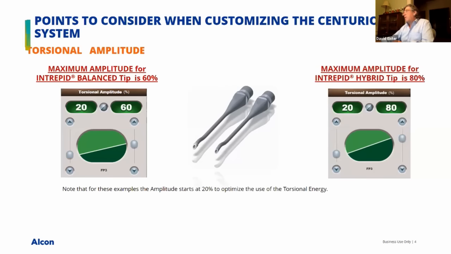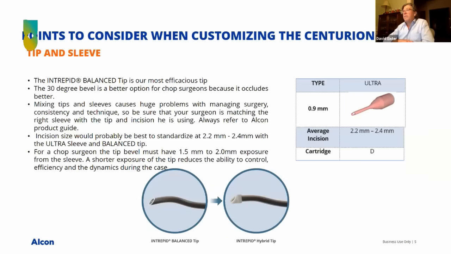With the hybrid tip here, we recommend going up to 80%. And that's kind of an interesting physics phenomenon. But the tip itself, having the polymer over molding, actually dampens the amount of motion inside the eye. And so you can actually use a little bit higher amplitude.